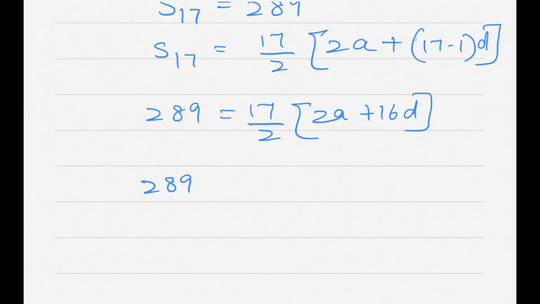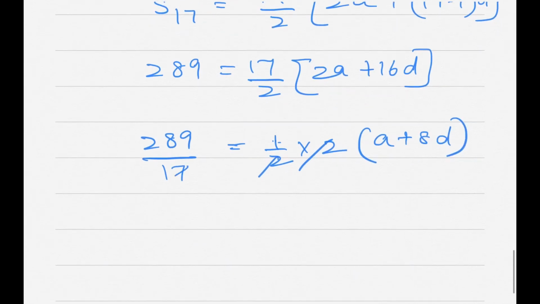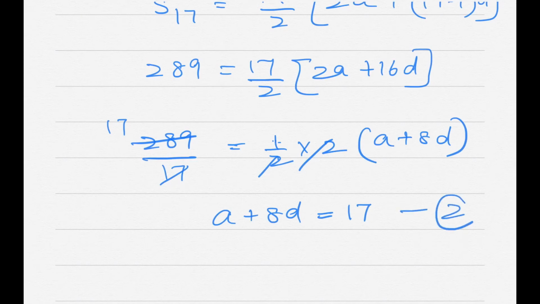So 289 divided by 17 is equal to 1 by 2 into 2 times a plus 8d. 2 gets cancelled and 289 by 17 is 17. So a plus 8d is equal to 17, and I get this as my second equation.